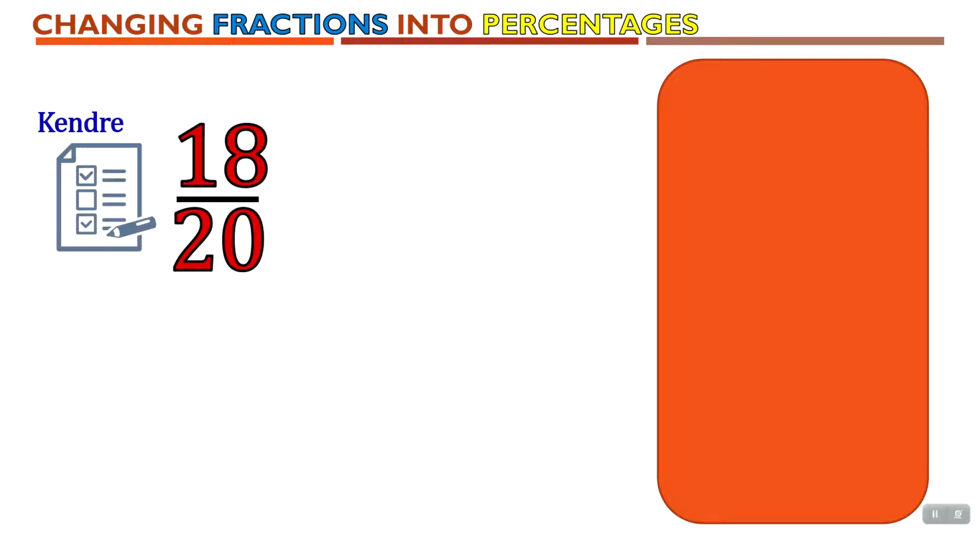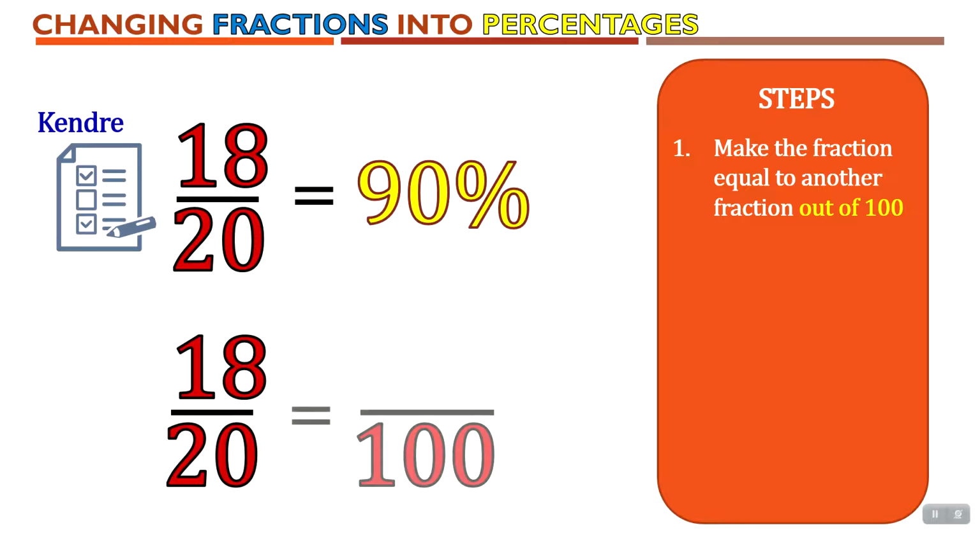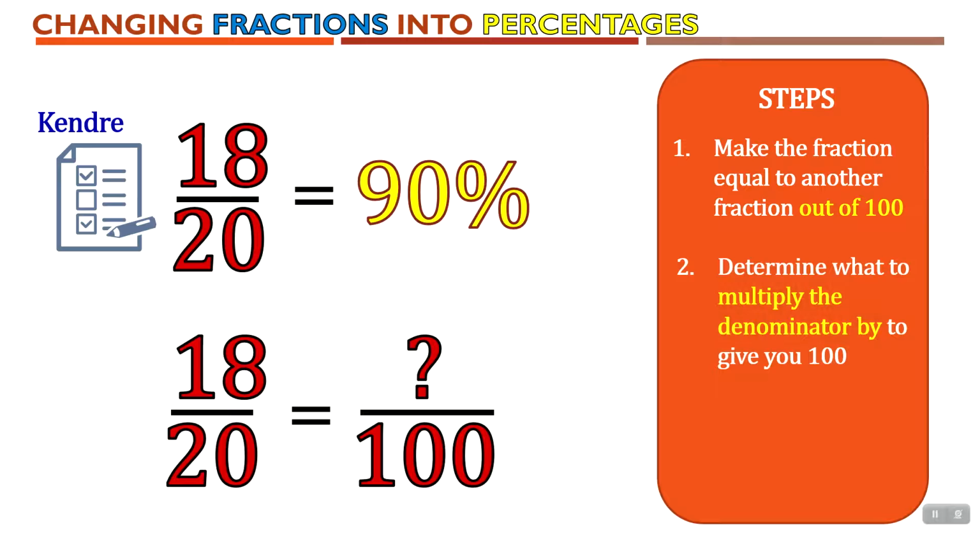Now let's check Kendre. Kendre got 18 out of 20, and he said he got 90%. Let's follow the steps again to convert fractions into percentages. Step 1 says make the fraction equal to another fraction out of 100. 18 out of 20 is equal to what out of 100? Step 2, determine what to multiply the denominator by to give you 100.